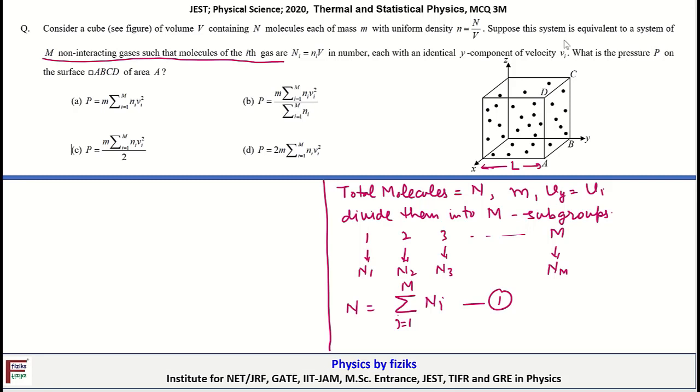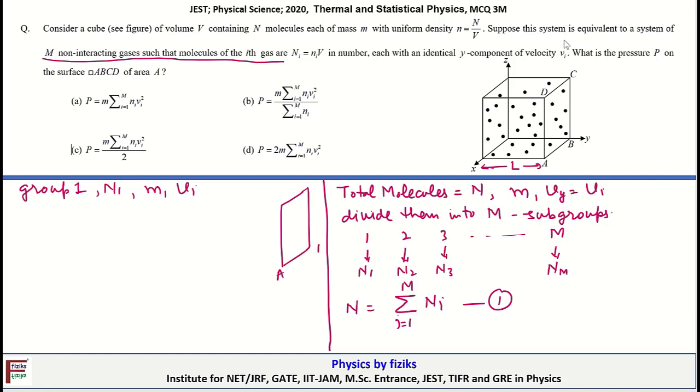Now we will talk about group 1, which has n1 gas molecules, each of mass m and with the respective y component of velocity Vi. Among these n1 gas molecules, we will consider one single gas molecule moving along the y direction. Let's say this is the face ABCD.